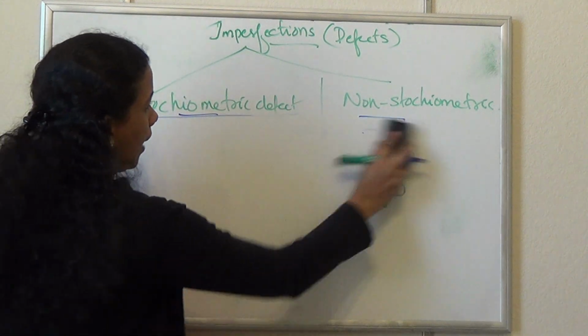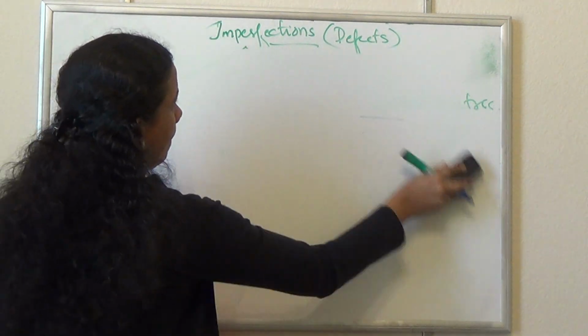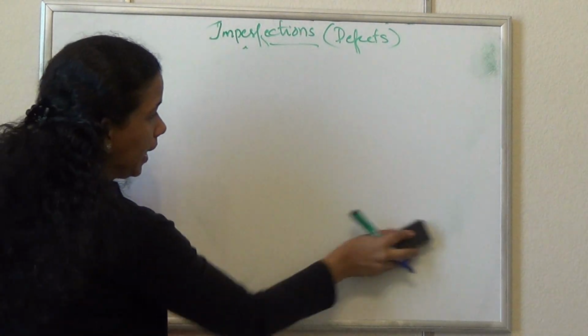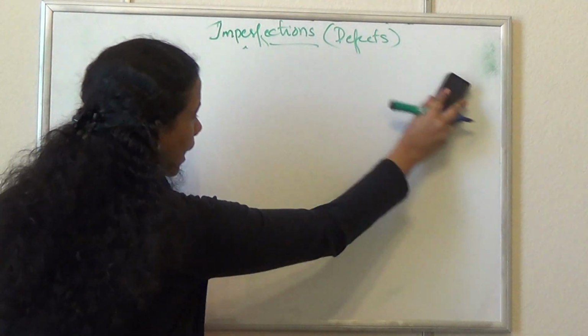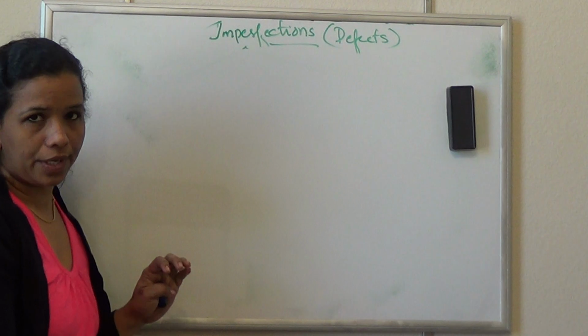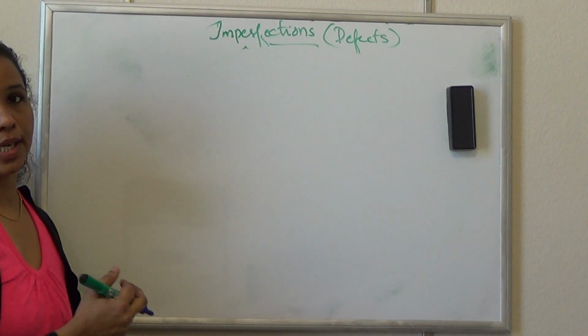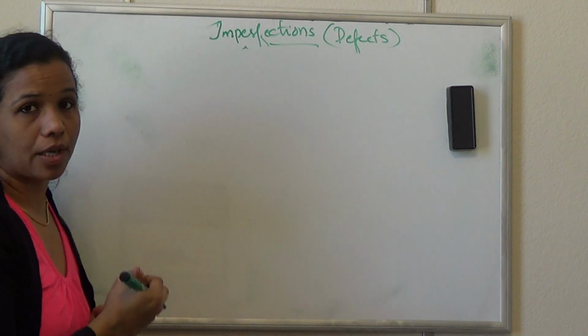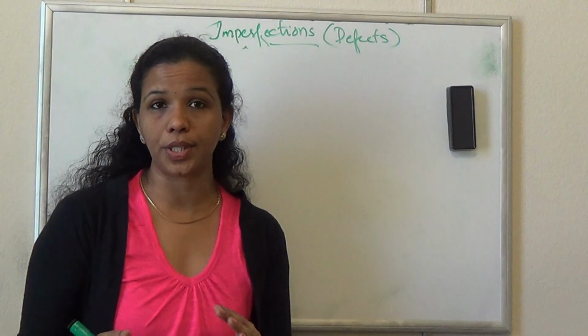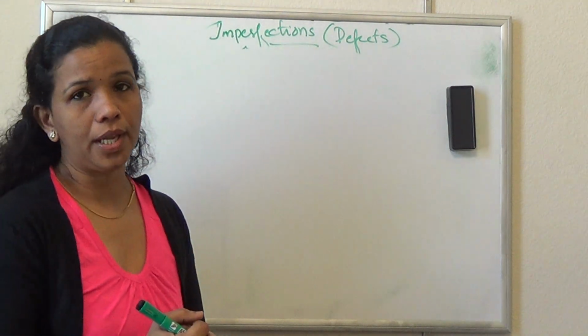So once again I will say, defects or imperfections are the change in the actual ordered arrangement of the crystal. There are two types of imperfections or defects, that is stoichiometric defect and non-stoichiometric defect. In stoichiometric defect, after the defect occurs, there is no change in the chemical formula of the compound.